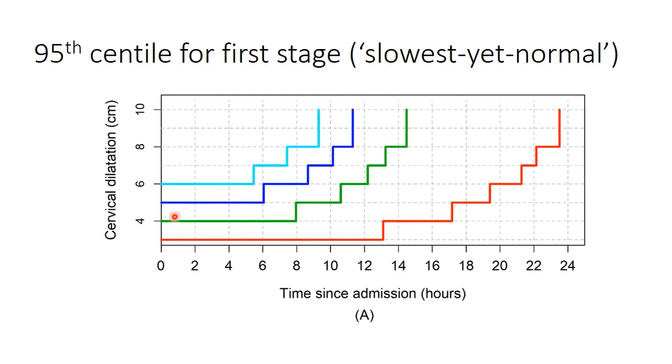And look, for example, somebody that started at 5 centimeters dilatation can be up to 6 hours before it goes on to 6 centimeters, then another 2 more hours before carrying on to 7 centimeters. So most women will progress over here, but this is the slowest that is still acceptable, still normal, good outcome, but the 95th centile.